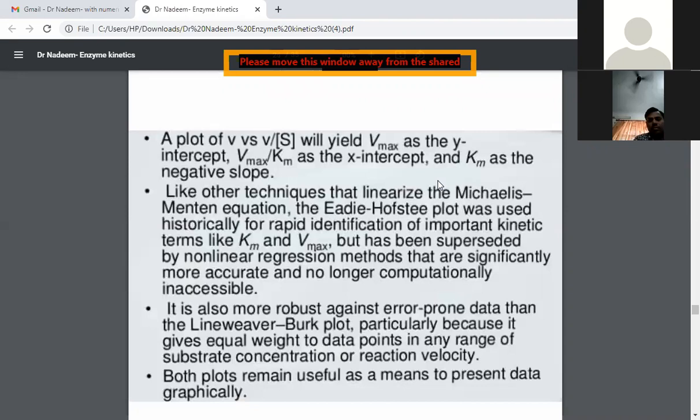Here it is mentioned, a plot of V versus V by S will help in determination of Vmax as the y-intercept, Vmax by Km as the x-intercept, and Km as the negative slope.